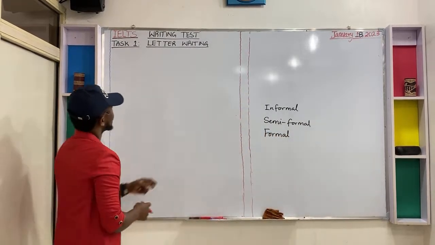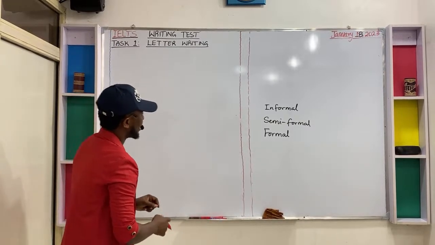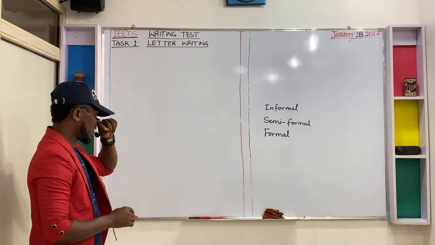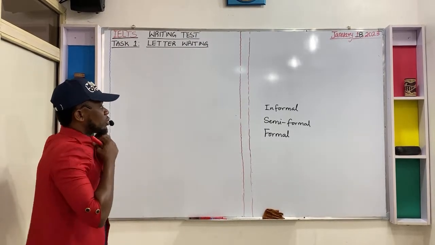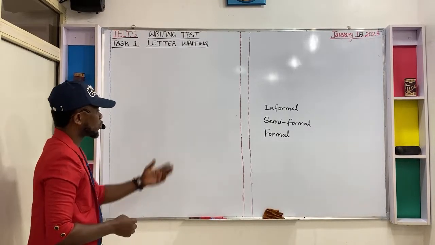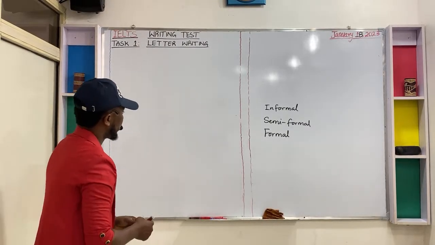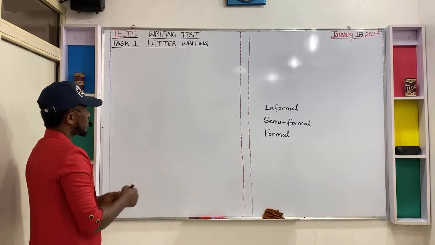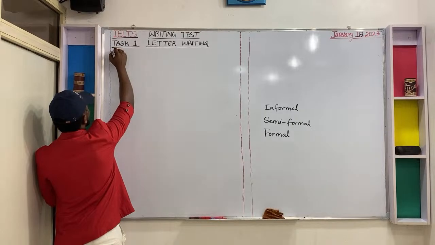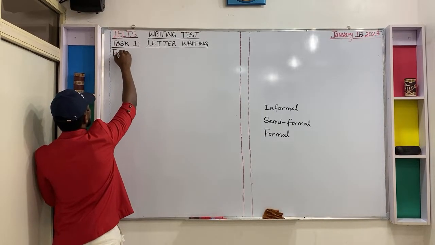Right? So we are going to look at these 3 types of letters very quickly, so we can also consider those whose task 1 is report writing. So we shall begin with the informal letter. But before then, it is important I show you the formula for writing letters.